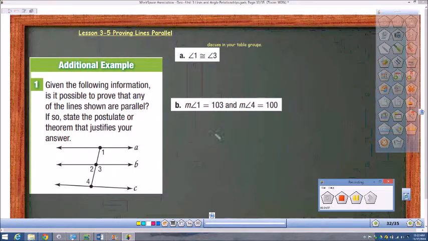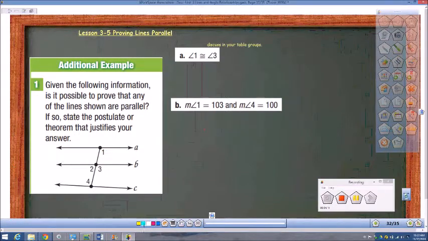All right, so we know angle 1 and angle 3 are congruent. So we know that this angle is congruent to this angle. Well, those are corresponding angles. So if they are congruent and they're in corresponding positions, A and B have to be parallel. So we're going to state the postulate, or the theorem, that justifies our answer.